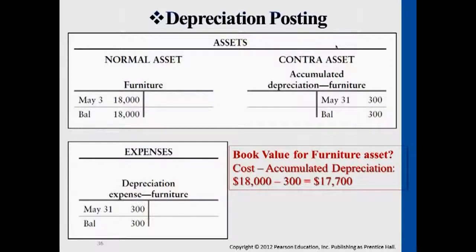When it reaches the following month, after June, this will be $17,400. After July, $17,100. The following month, $16,800. So we'll continuously reduce $300.